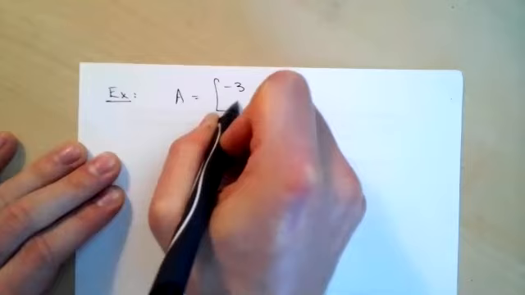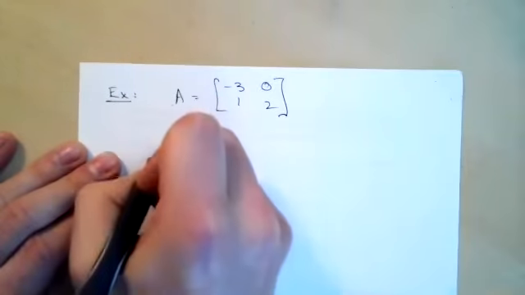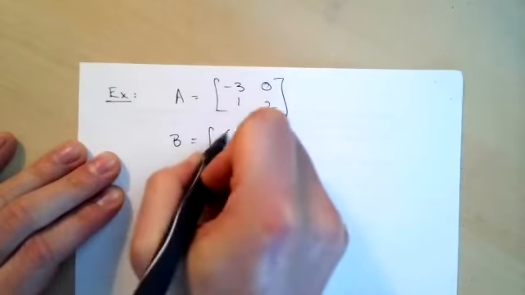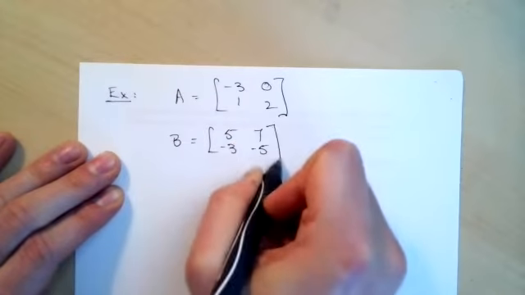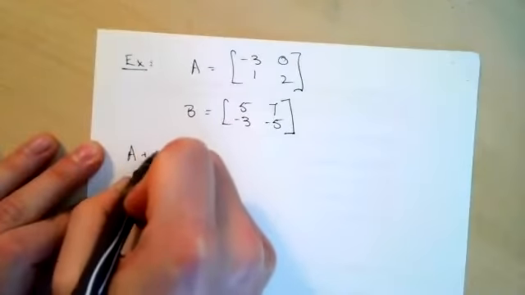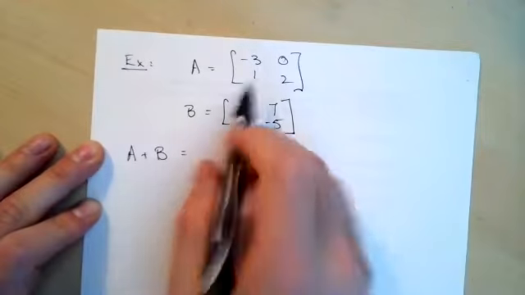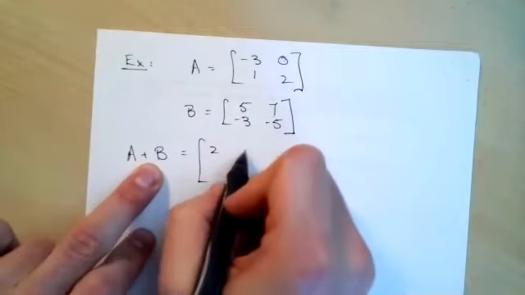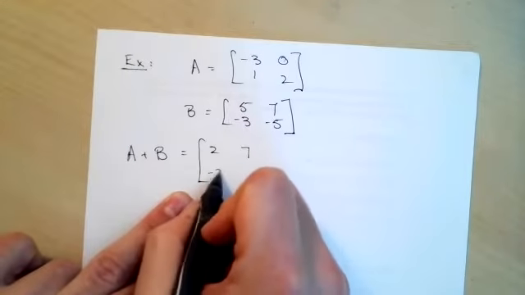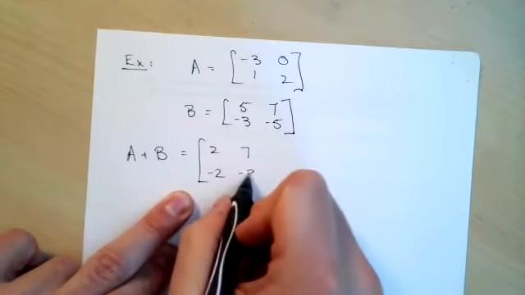So for example, if A is -3, 0, 1, and 2, and B is 5, 7, -3, and -5, then A plus B: in the top left position, we just add, and we'll get 2. Here we'll get 7. Here we'll get -2. And here we'll get -3.